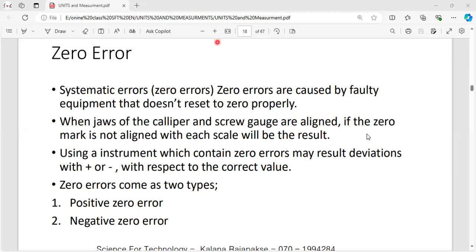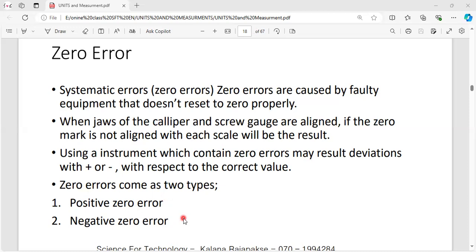If there's no error, that's best, but if an instrument has a zero error, it is also okay. Zero error can be divided into two parts: the positive error and the negative error. Whenever you have an instrument with this kind of error, you don't have to throw it away or buy a new one. Instead, you first find out what the error is.